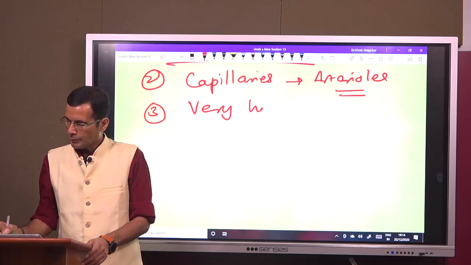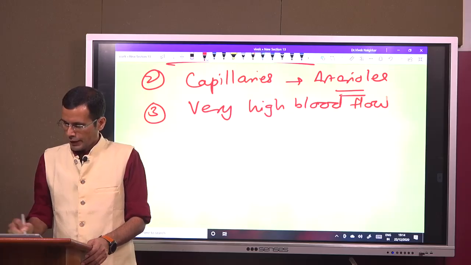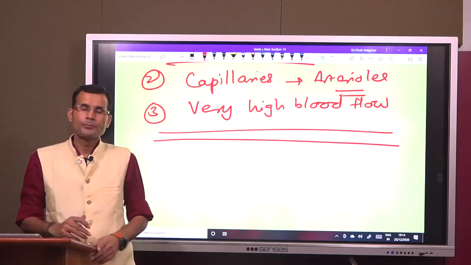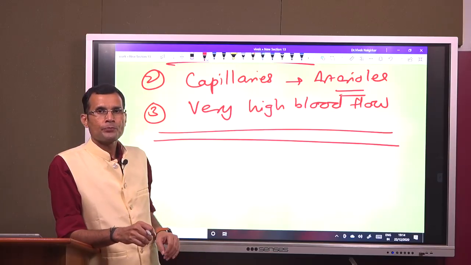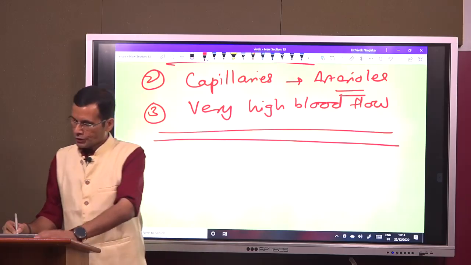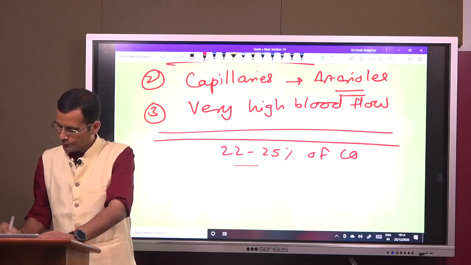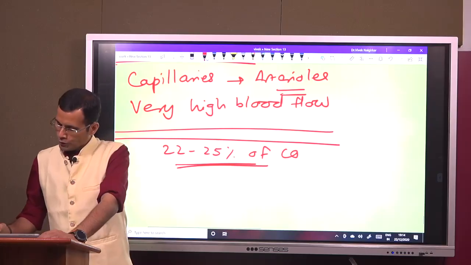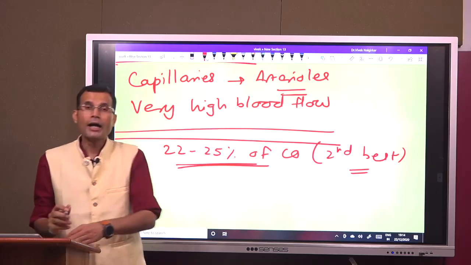Okay, next, very high blood flow. That again is a very peculiar feature. Kidneys have an exceptional amount of blood flow. It's about 22 to 25% of the cardiac output. So that will be second best. Highest is the liver.